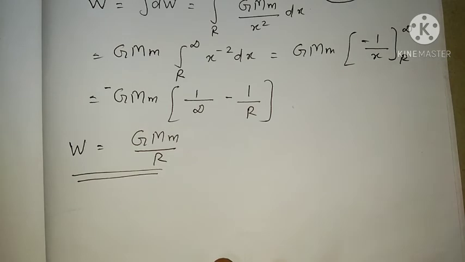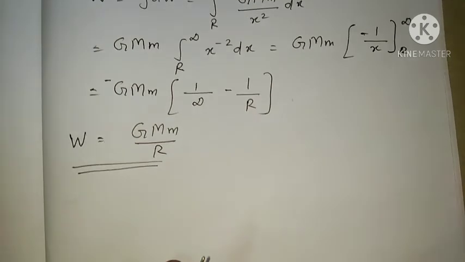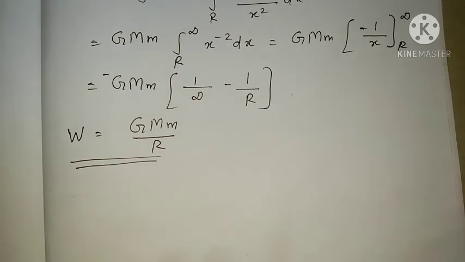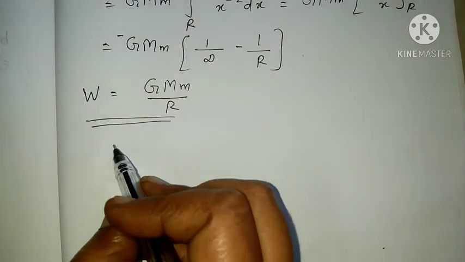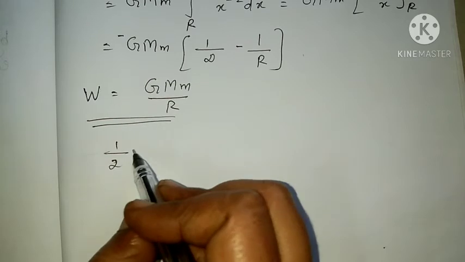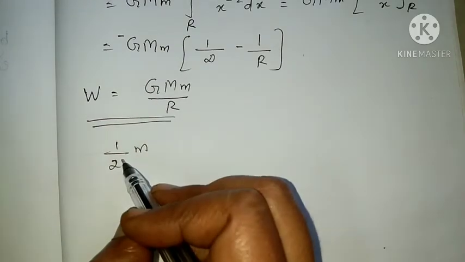Then when it is moving like that, the energy possessed by the body is kinetic energy, because it is moving from the surface to infinity, and the velocity of the body is noted as the escape velocity. So this work done is stored in the form of kinetic energy.